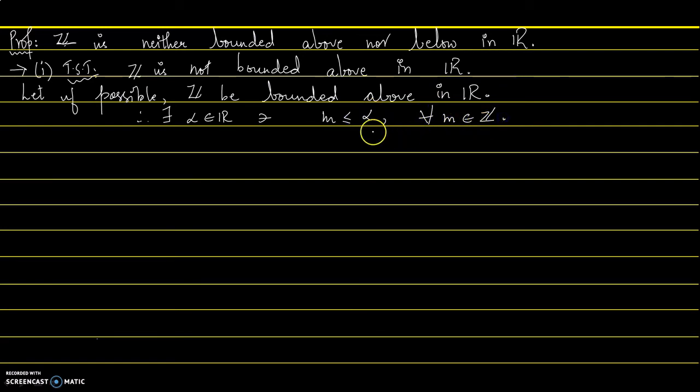So for all m in Z, m must be less than or equal to alpha. So I have a real number alpha which is greater than or equal to all the integers. But we know that the set of natural numbers is a subset of the set of integers.